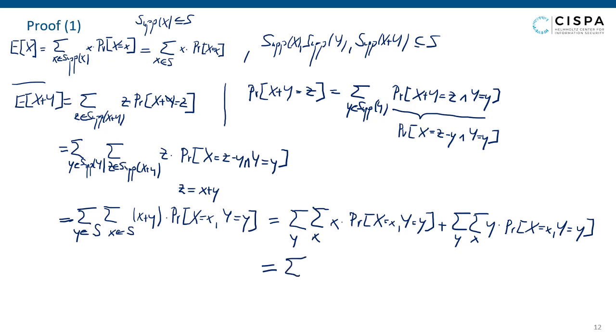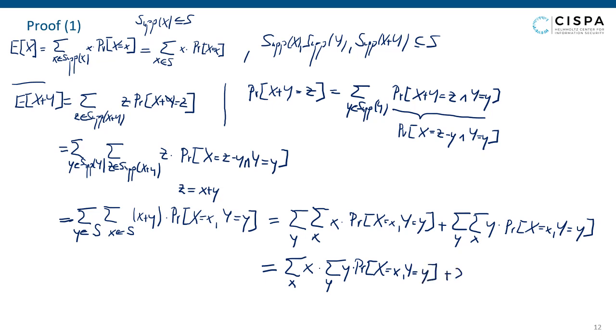The first one can be written by making these sums switch places: the sum over y, and here we're going over y, the sum over x of x times the probability X equals x, Y equals y.